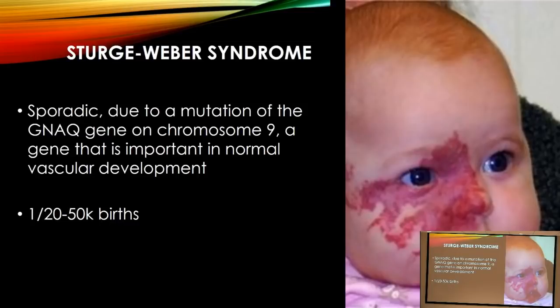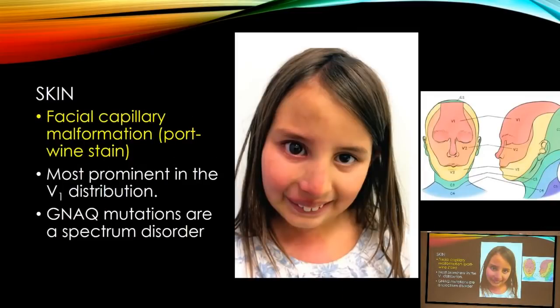Okay, so Sturge-Weber syndrome. The GNAQ gene, chromosome 9, is very important for normal vascular development, and therefore vascular changes like this are the obvious feature in Sturge-Weber syndrome. This is called a port wine stain, which more technically is a facial capillary malformation.